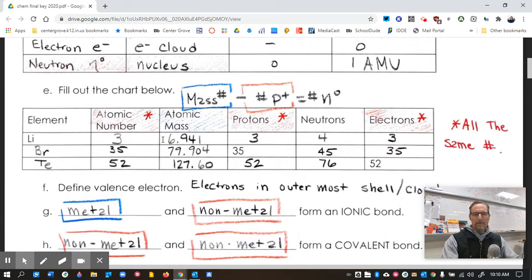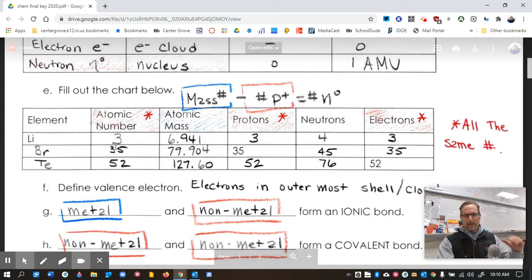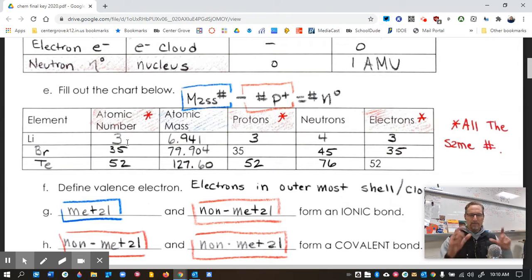And so let's go ahead and fill out the chart below here. I give you several elements. You'll need to look up the atomic number on the periodic table. So again, just find the element on the periodic table, and the atomic number is how it's arranged. The atomic mass will also be on the periodic table, and again, that's typically going to be a decimal.